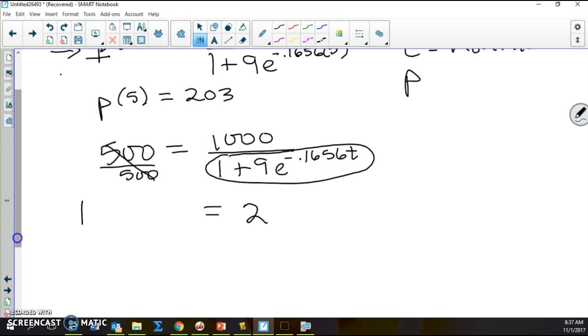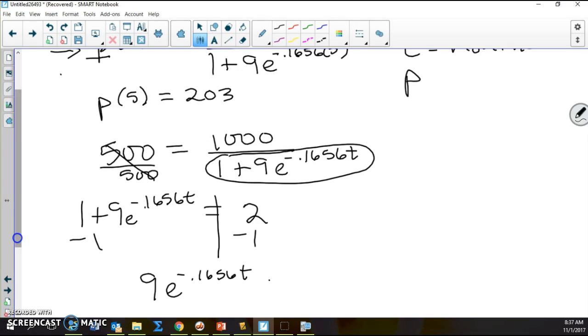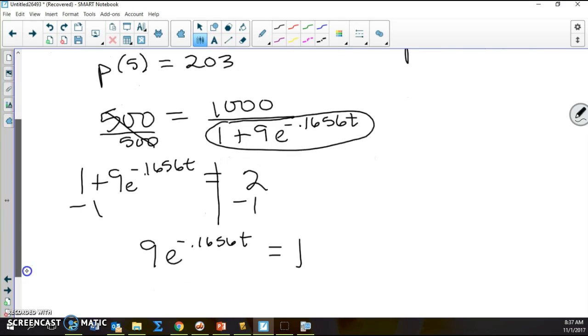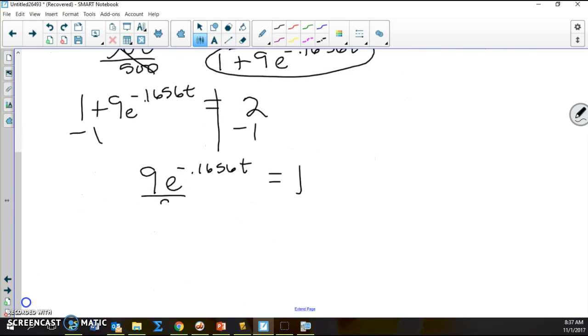Multiplying both sides by 1 plus 9e to the negative 0.1656t, and just simple algebraic steps. Subtracting 1, we get 9e to the negative 0.1656t is equal to 1. Of course, we're going to divide both sides by 9.